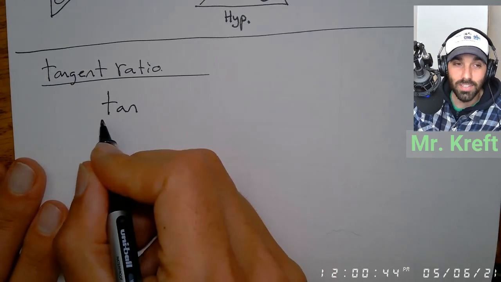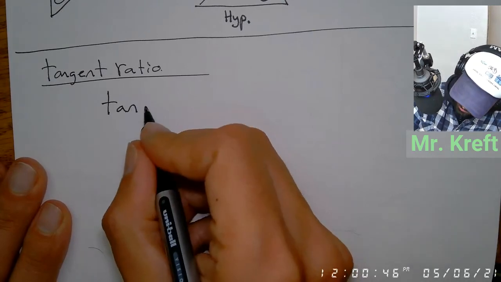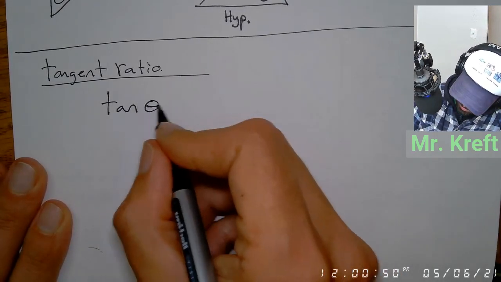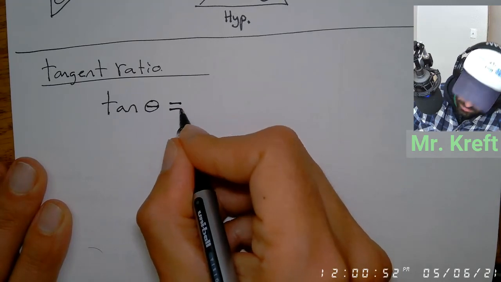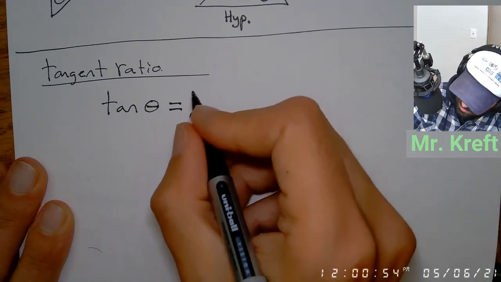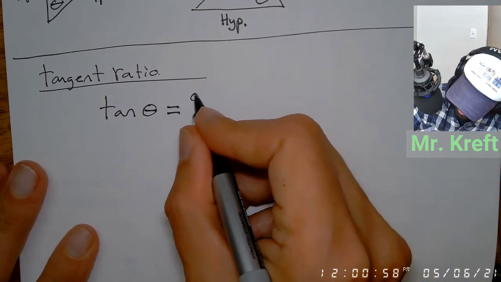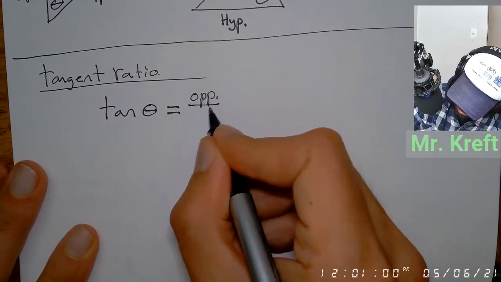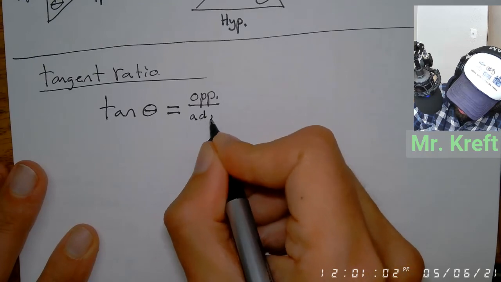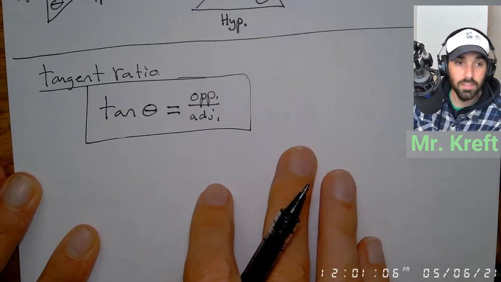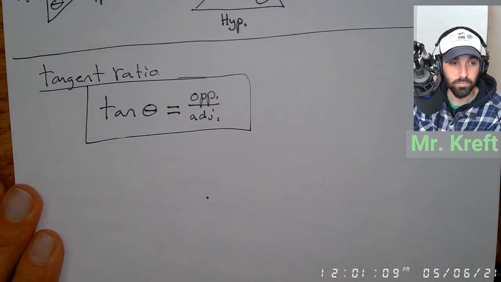We don't say tan, we say tangent of our reference angle equals, it is a ratio, so a ratio means fraction. It is the opposite side over the adjacent side. That is the tangent ratio.